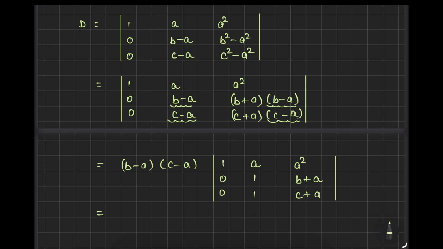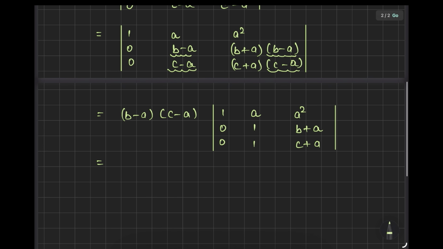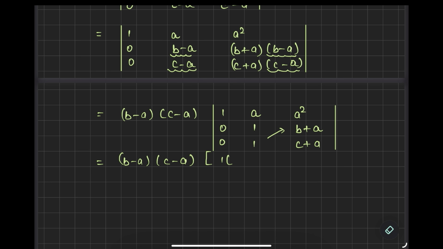Now what we have to do, we will open the determinant along this column, and it will be easy because the two components are 0. When you open this thing along this, it will make everything else 0, correct? So let's open. So it is b minus a, c minus a, and we have one time this into this minus this into this, correct?